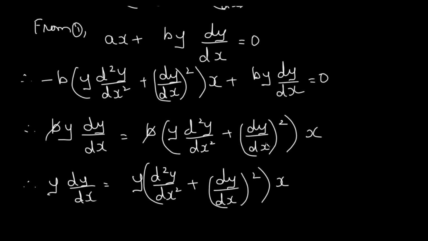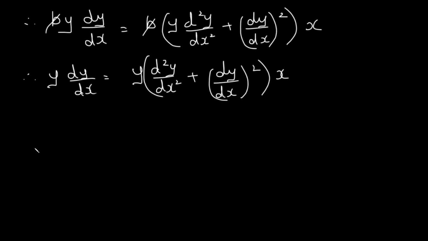Now we rearrange it and write it in a proper manner. So therefore we can write xy into d²y/dx². That is, we open the brackets, multiply the terms actually. Over here, the bracket is going to come around y also.